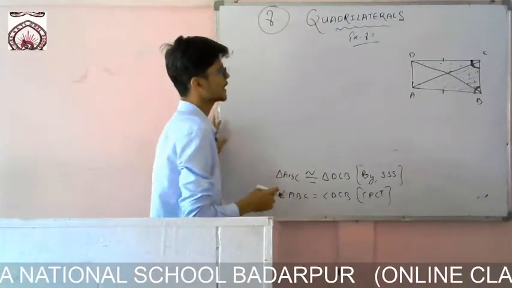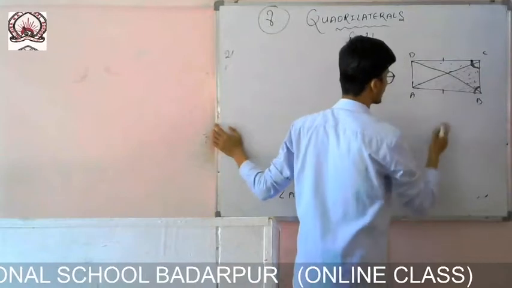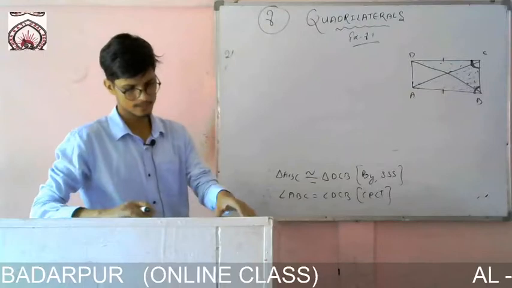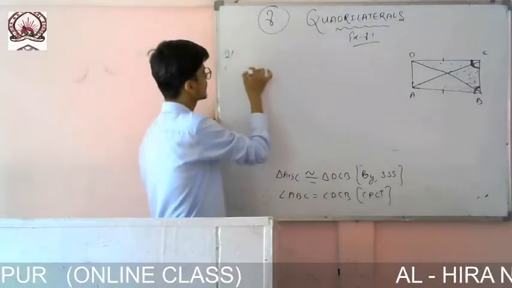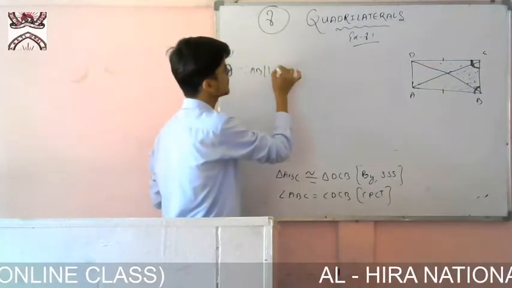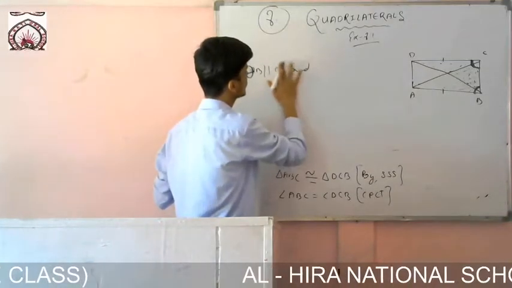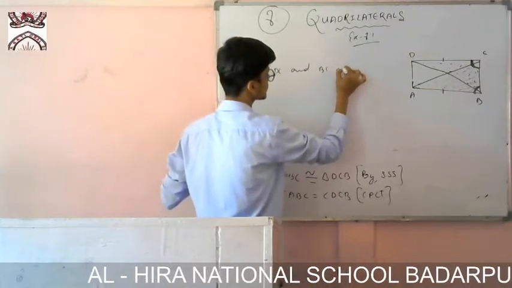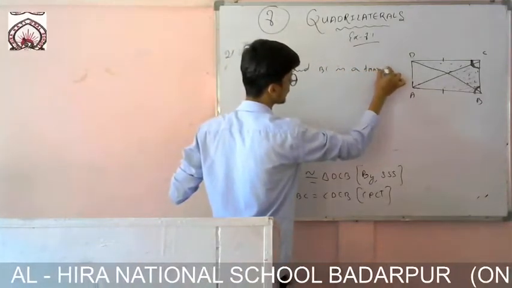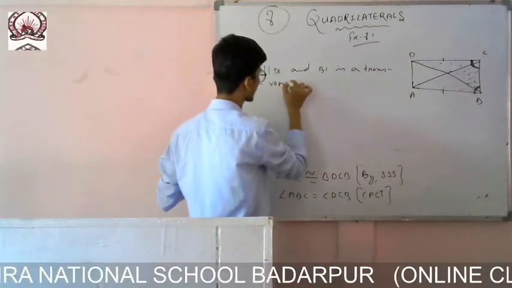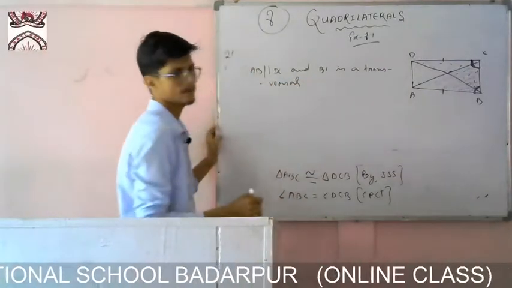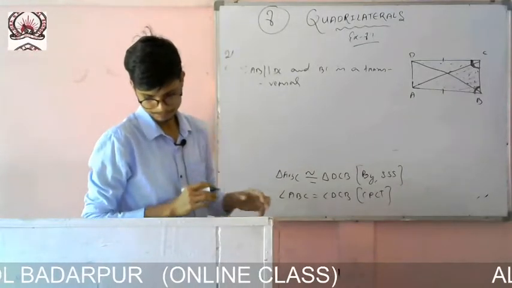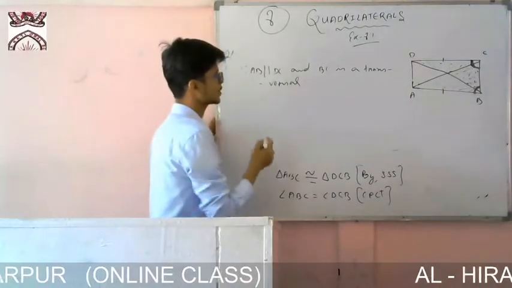What I will say is that since it is a parallelogram, AB is parallel to DC and BC is a transversal. So I can say that these two are co-interior angles.